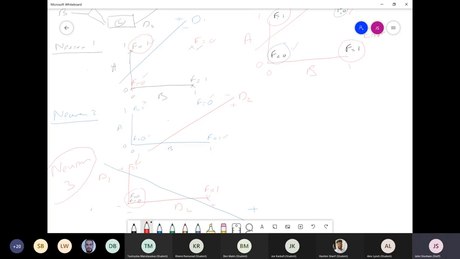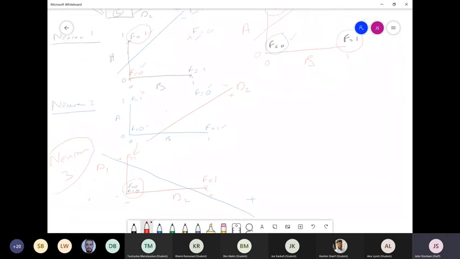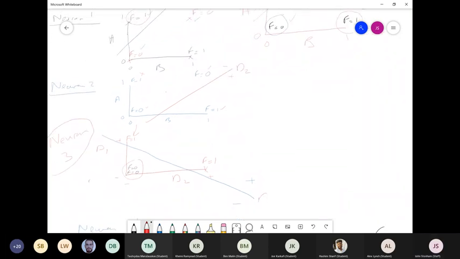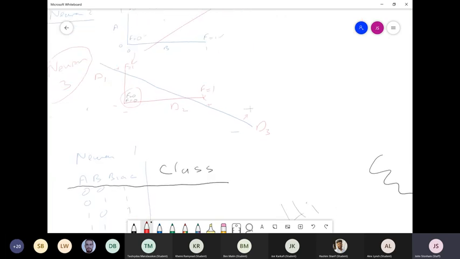D3, which is this decision surface, let's define that as being positive on this side and negative on this side. F1 is correct, F1 is correct, both positive, and the two F0s are both negative. We have solved the XOR problem.